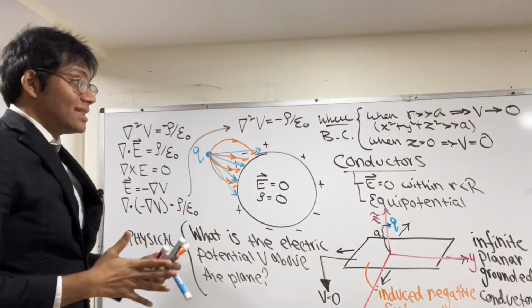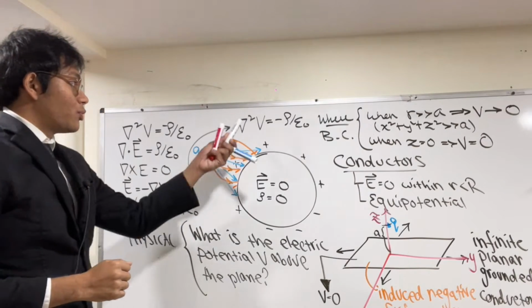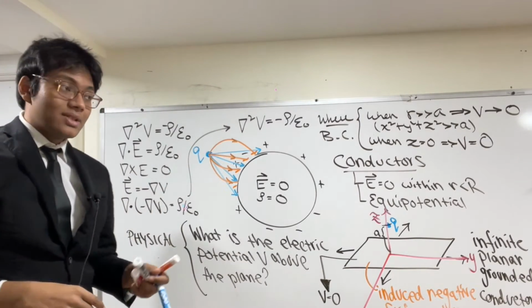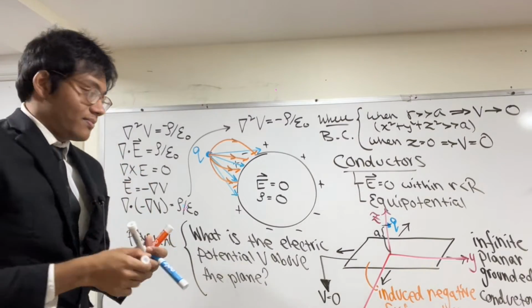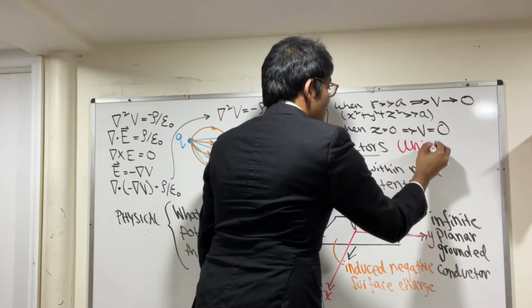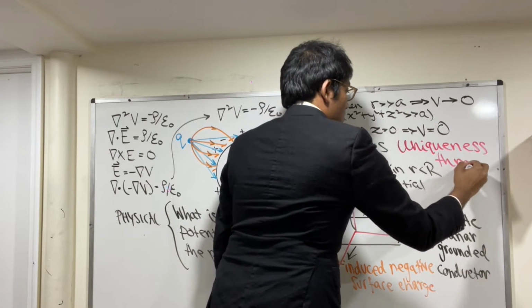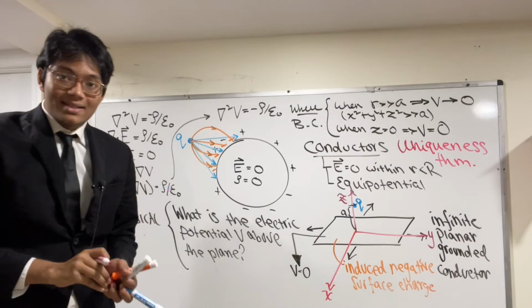Well, this is where one of the most powerful tools in Poisson's equation and Laplace's equation comes in, which is the uniqueness theorem. The uniqueness theorem says this.